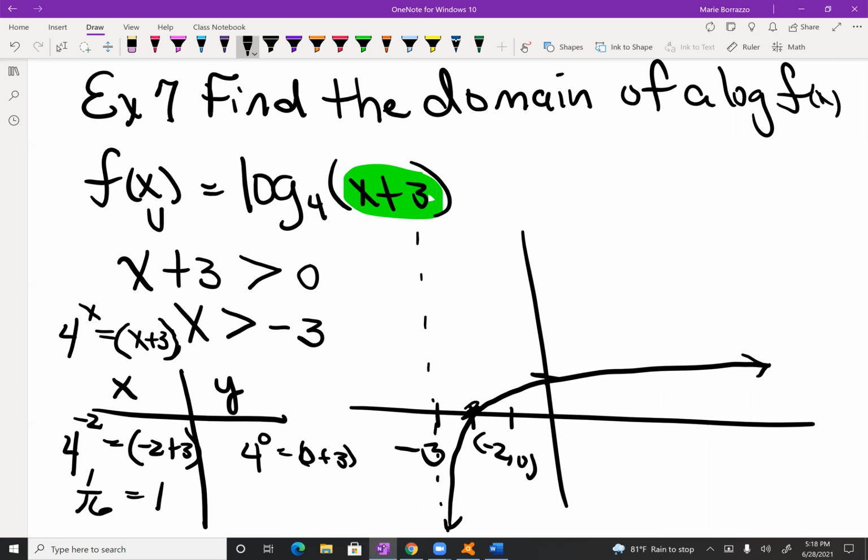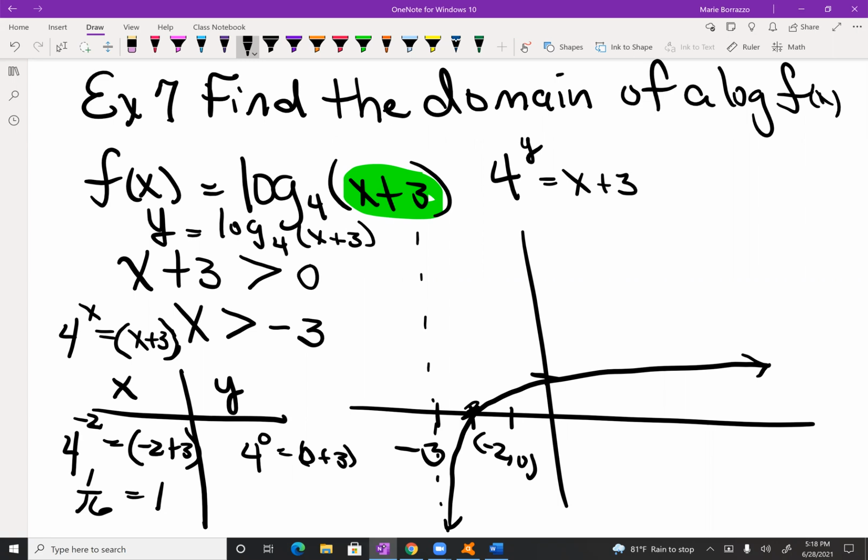Because this is y equals log base 4 of x plus 3, as you plug in values for x, you're solving, technically, 4 to the y is equal to x plus 3. So as you plug in values, I guess you could use them a little easier that way. Okay. Yeah, that will work.